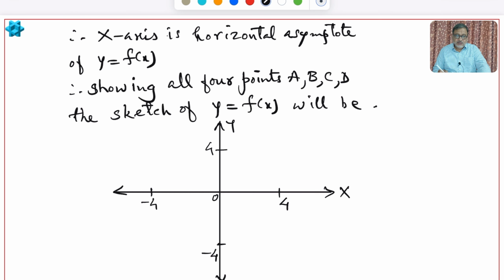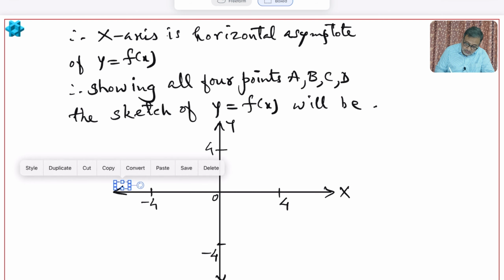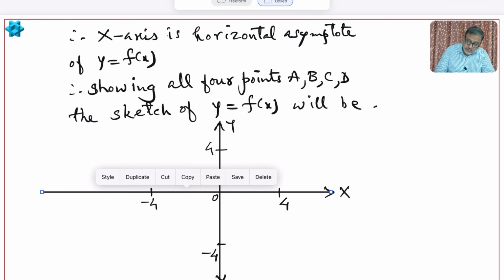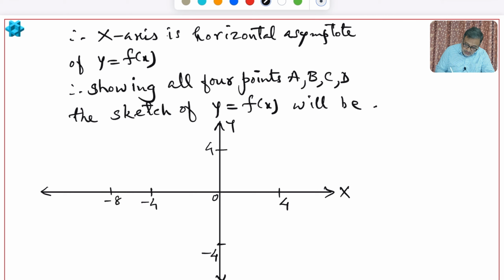I want to decide the locations. Okay, this can be further extended, negative 8, because on the negative side we want to show more part of the graph, right?